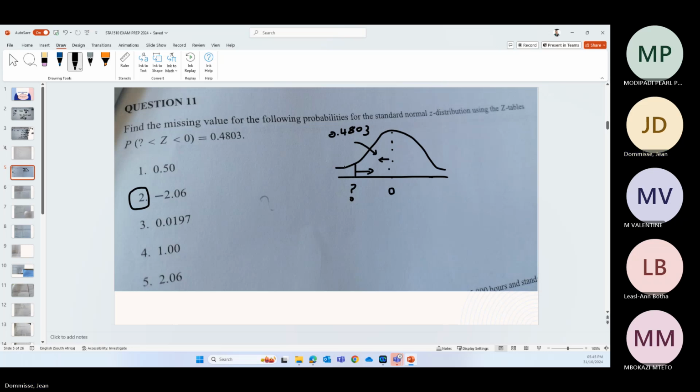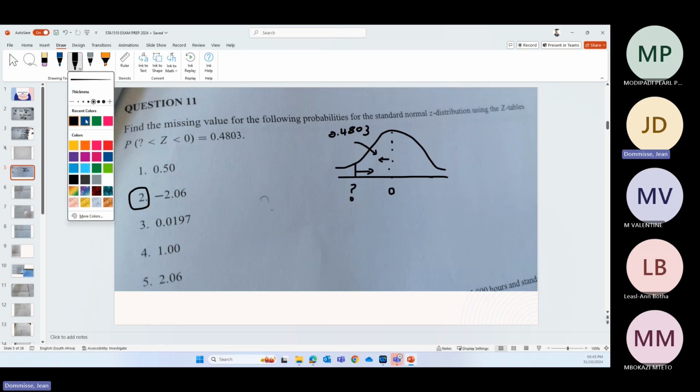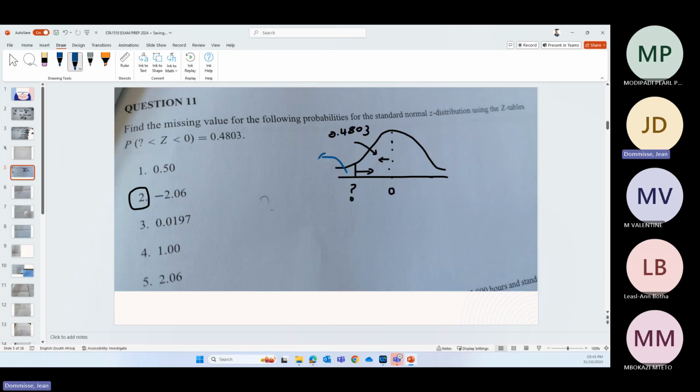So what I would do is get this area, and then with that information, I will go to the negative table.